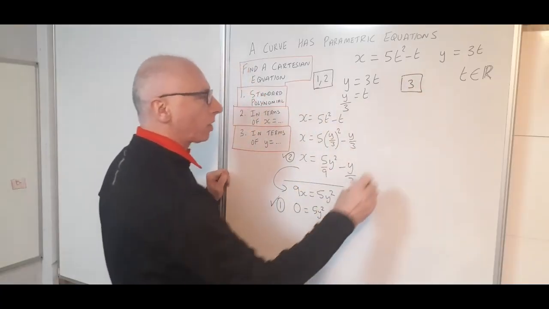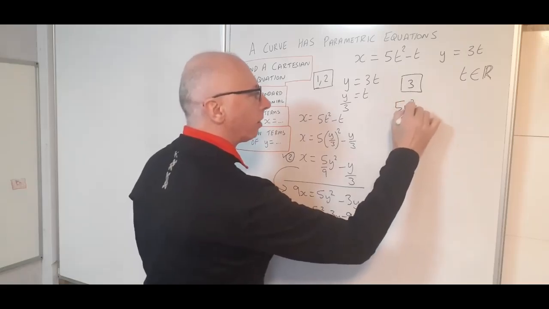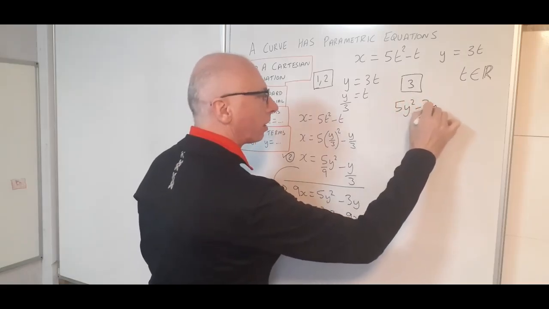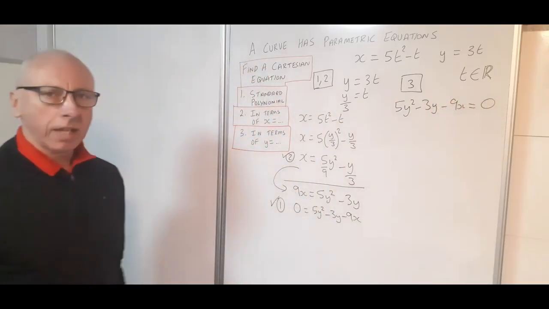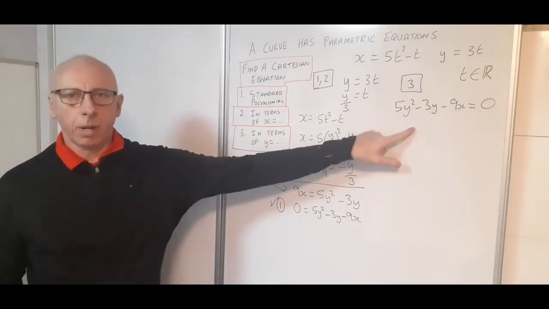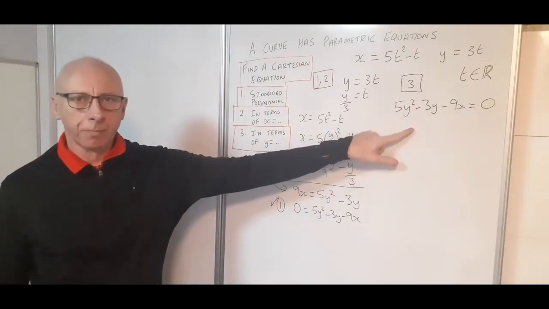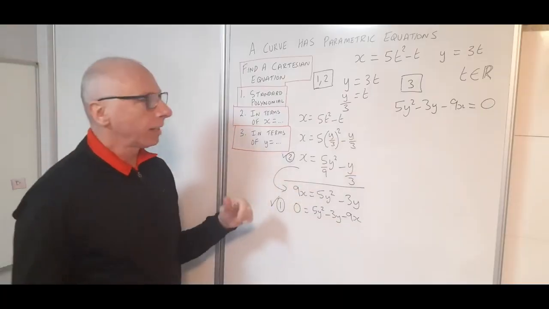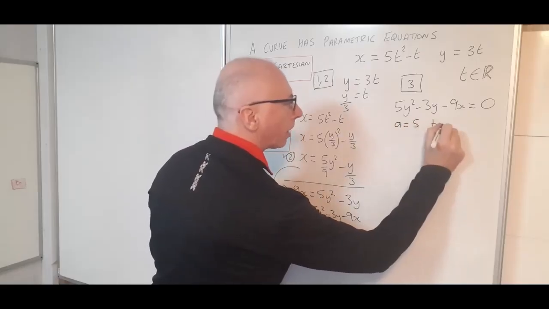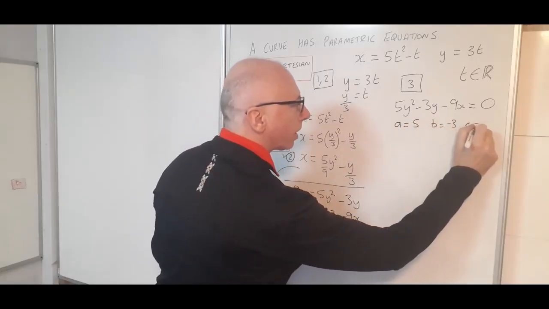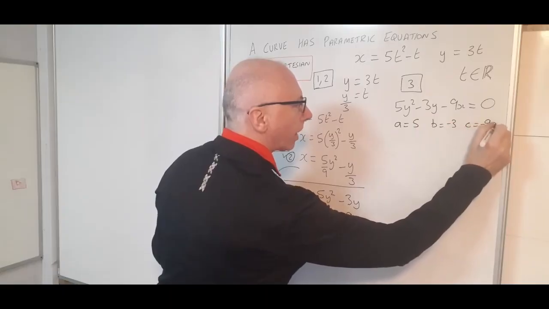So we've got 5y squared minus 3y minus 9x equals 0. Now we could get this in terms of y by introducing the quadratic formula. So to do that, we'd have a equals 5, b equals minus 3, and c equals minus 9x.